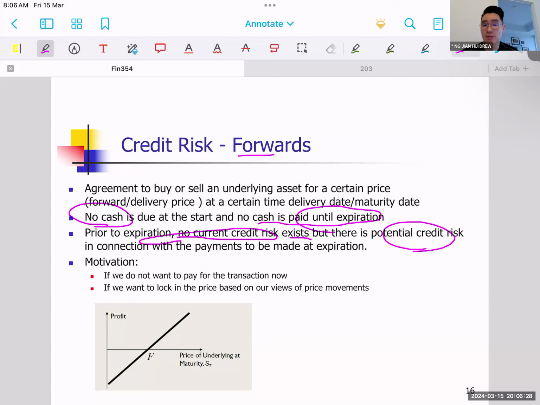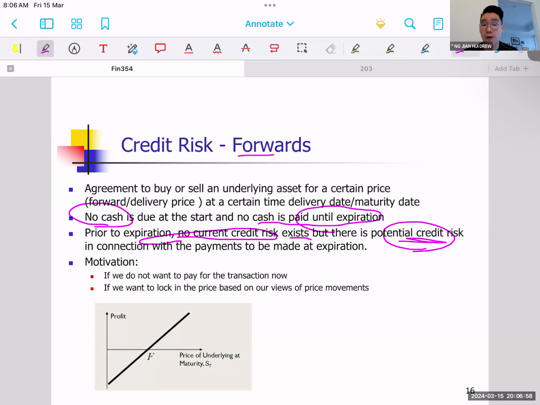You know that Apple is trading around 170 now, right? So in the situation where Apple really goes bankrupt, the stock price drops from the current value of 170 to let's say 50, right? It drops dramatically. Maybe the forward seller, basically the person that's selling you the forward, might not be able to even pay you, right? So that's where the credit risk happens at the expiry.